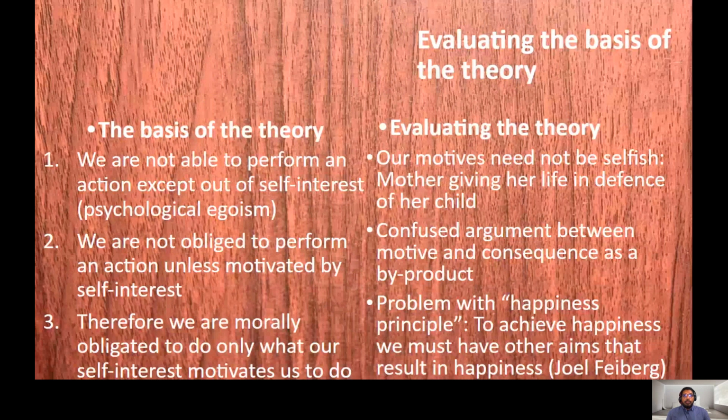Now let us look at the basis of this theory and try to see whether we can evaluate it. The basis of the theory is psychological egoism. Psychological egoism is an idea given by Thomas Hobbes, another English philosopher.